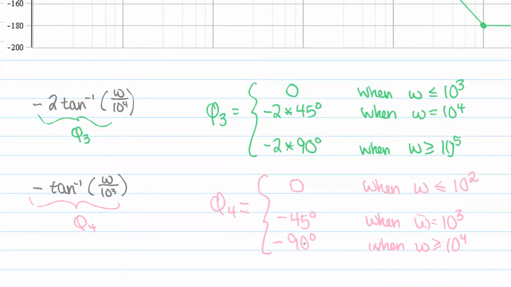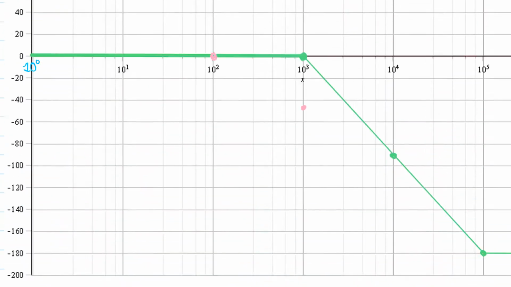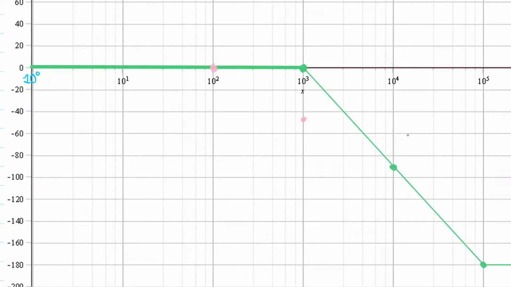And then at negative 90 for 10 to the fourth. So here's 10 to the fourth, and then there's negative 90. So I want to join those 3 dots with a line. And then it's horizontal before 10 squared and horizontal after 10 to the fourth.